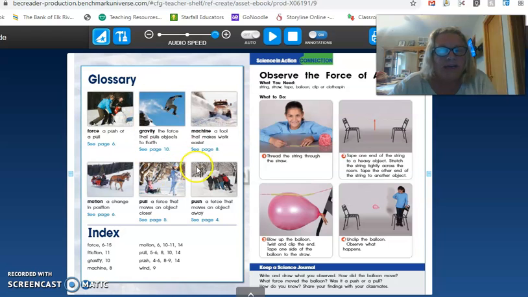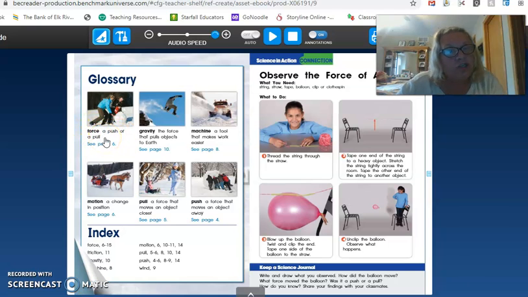Now, we're just looking here at the glossary. Remember, the glossary is a tool in an informational text that gives you the definition of the vocabulary words. Like here is force, and it says a push or a pull.